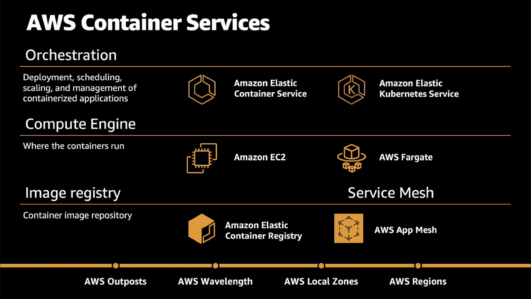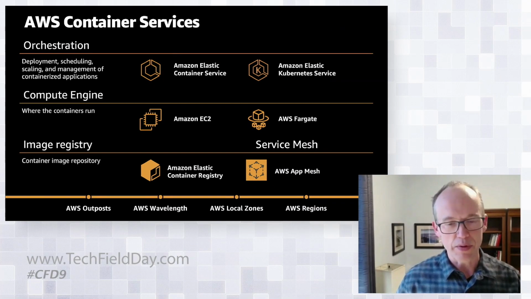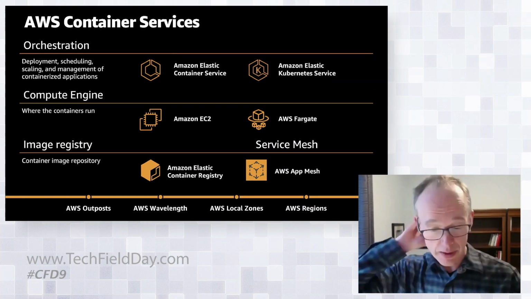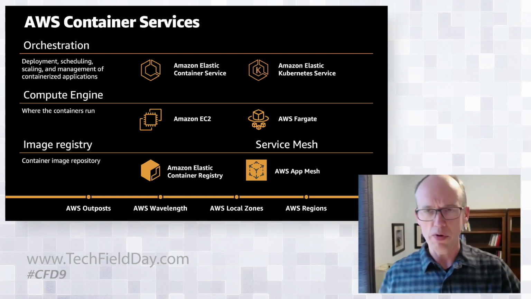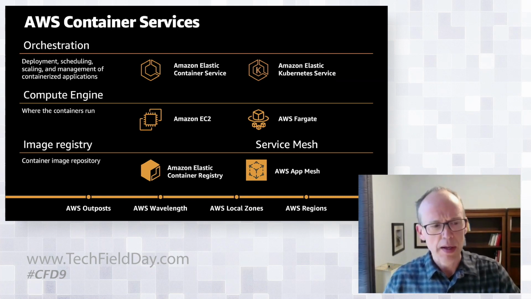We do also have on the EC2 side a number of different compute options that are getting really interesting for customers in terms of where their compute runs. So Outposts, Wavelength, Local Zones. I'm sure you're all familiar with the AWS regions like US East 1, et cetera, that we have around the world, 20 plus regions around the world.